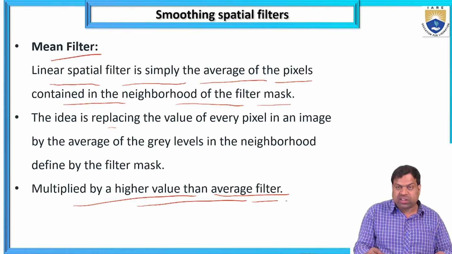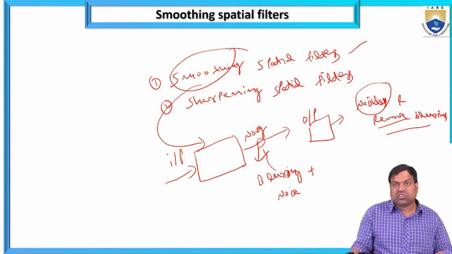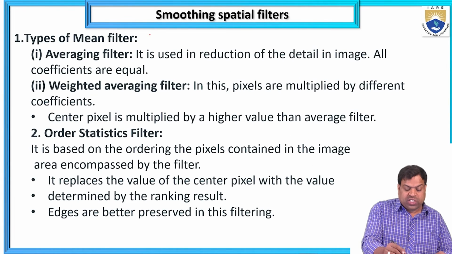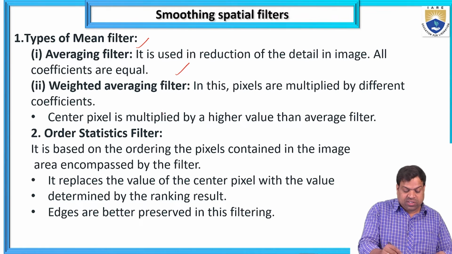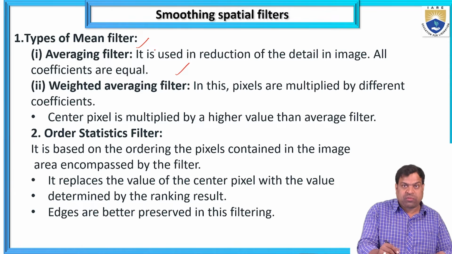Types of mean filters: the average filter and the weighted average filter are the subtypes of the mean filter, and another one is the order statistics filter.